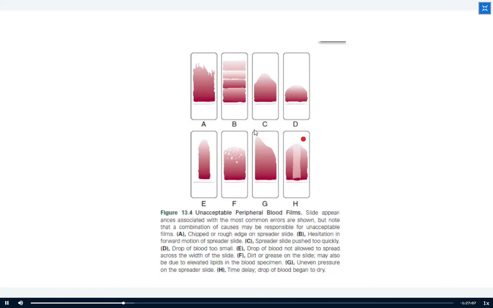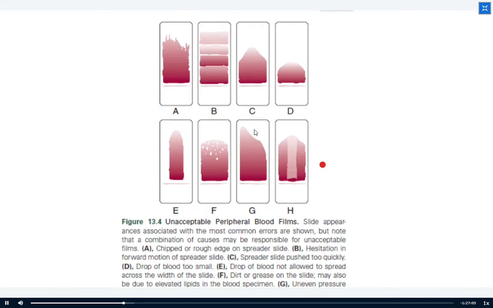So here are examples, class, of unacceptable peripheral blood films. So the first one would be your chipped or rough edges. Class, normally, your blood smear should have a tongue shape or a feathery edge. Now, may tanong si Miss Aquino, Sir, sa lab ba namin required ng ganyang tongue shape yung smear?